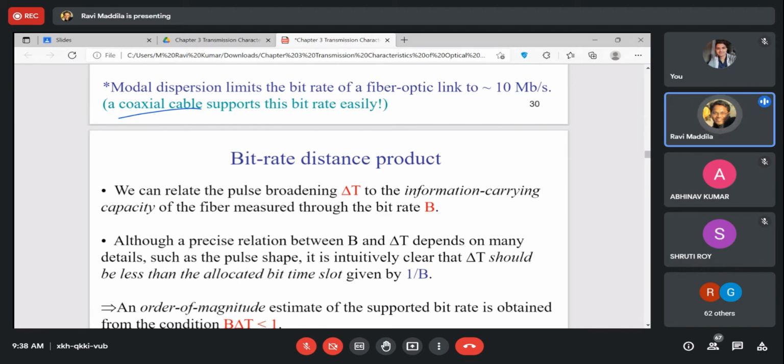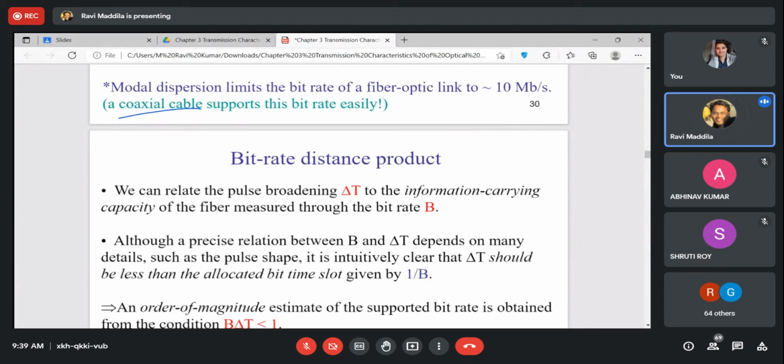But if we consider a single mode fiber, then this same 10 Mbps can be transmitted over distances of even 100 kilometers. In such a scenario, a coaxial cable would not be able to support such a long length. So an optical fiber becomes the preferred product for such a scenario.